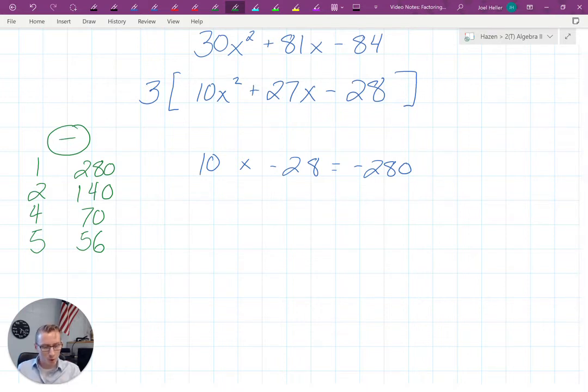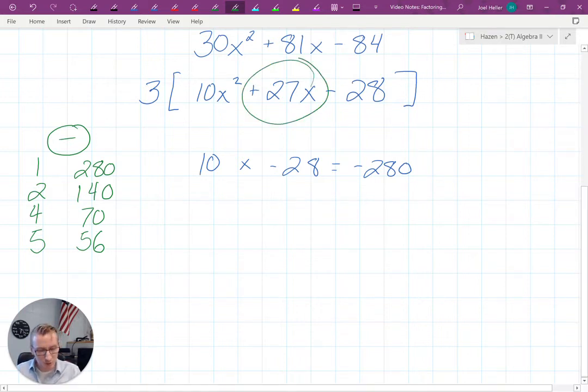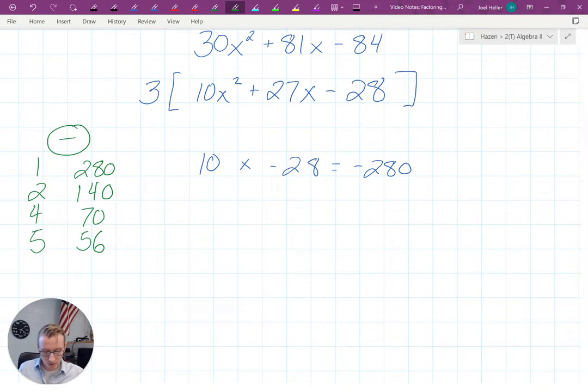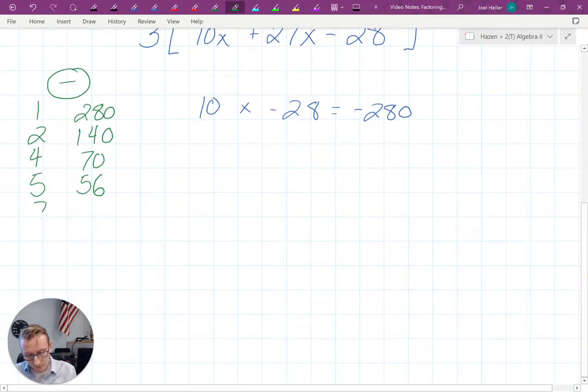We're still too far away from that positive 27 that we're looking for. So we've got to keep going. 6 doesn't work. 7 does. 7 and 40. We're getting closer, but we're still not there. And then after 7 and 40, 8 does work. 8 and 35.